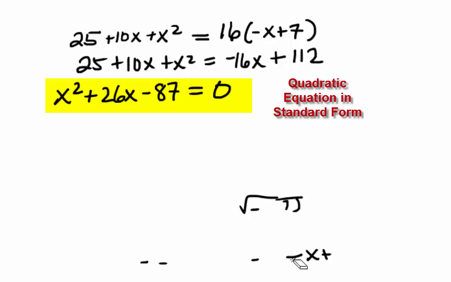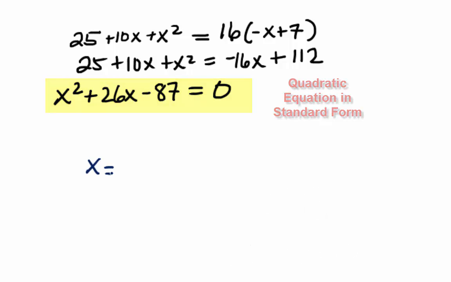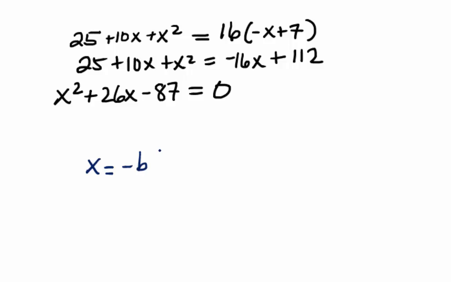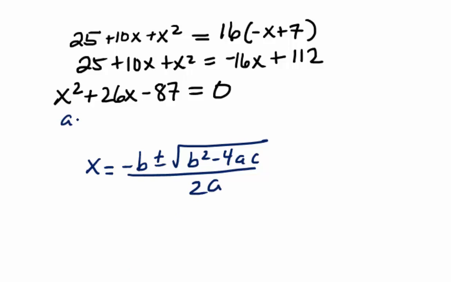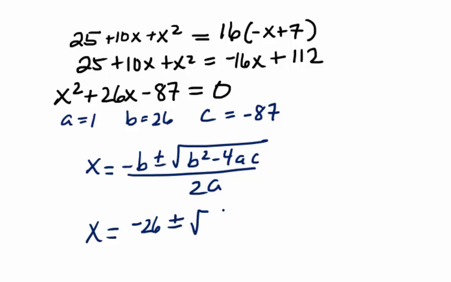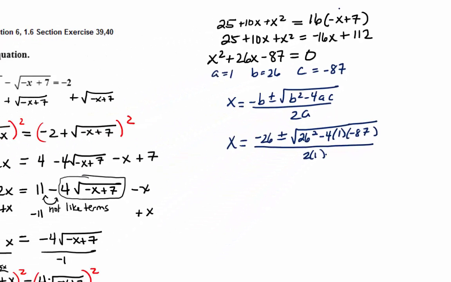Plug into the quadratic formula. So x equals negative b plus or minus the square root of b squared minus 4ac all over 2a. But in this case, a is 1, b is 26, and c is negative 87. So we have x equals negative 26 plus or minus the square root of 26 squared minus 4 times 1 times negative 87, all over 2 times 1.